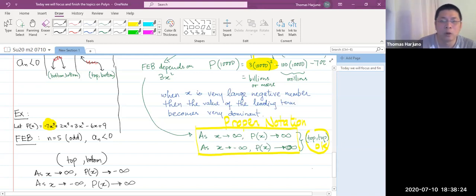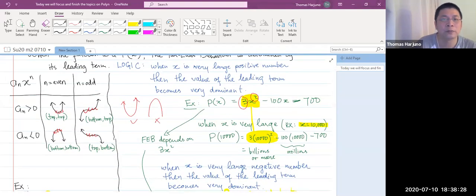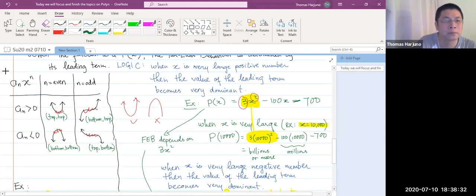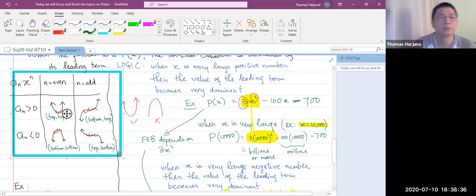Okay, now once you shape your intuition that way, eventually you will achieve or memorize this table. Once you do enough problems, you will come up with that table.